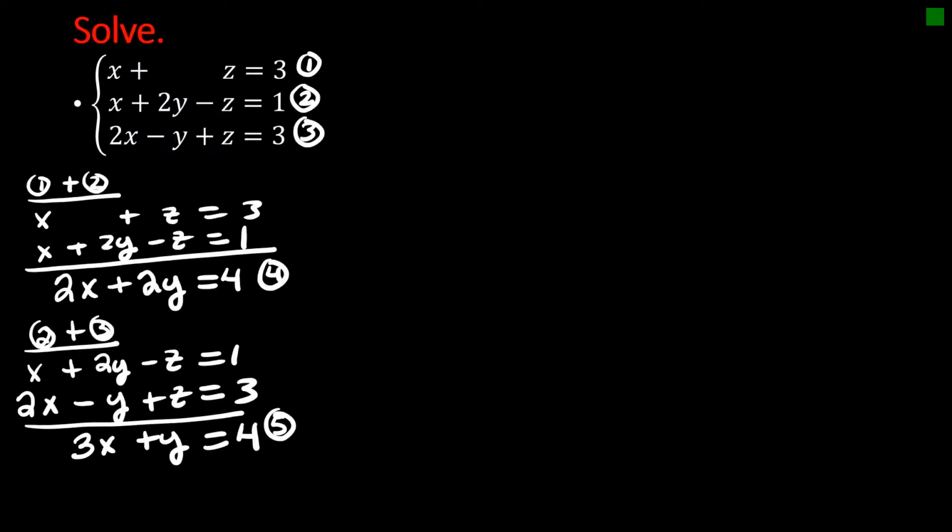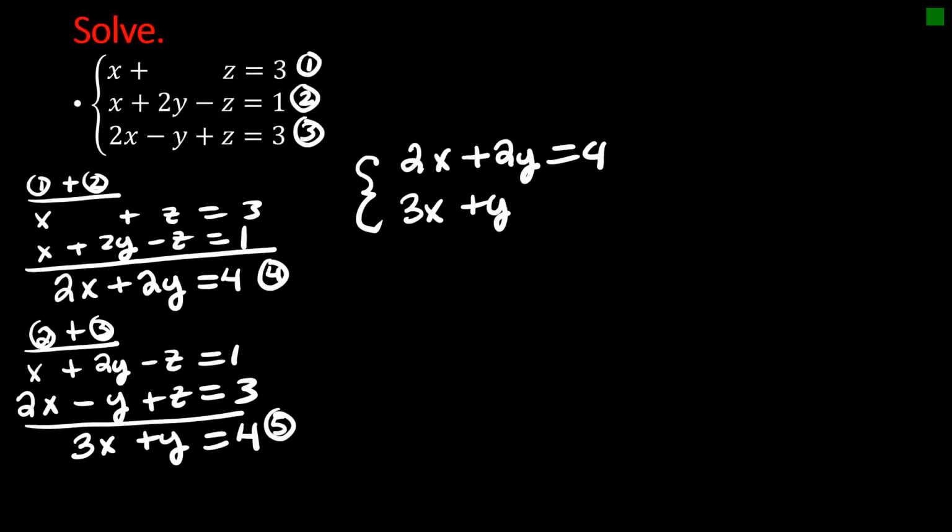So let's put equation 4 and equation 5 together. We have 2x plus 2y equals 4. And we have 3x plus y equals 4.